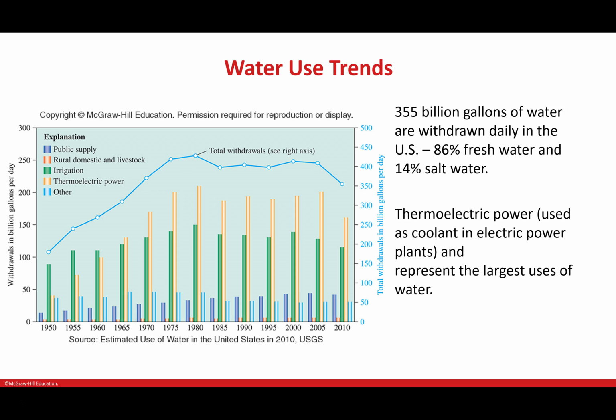Taylor, are you game? Looking at 2010, the gold one is thermoelectric power, like I said, the water in the coal plants and stuff. What's the green one? Irrigation. It is irrigation. So those two, thermoelectric power and irrigation.